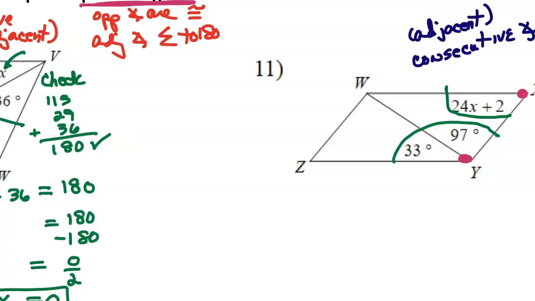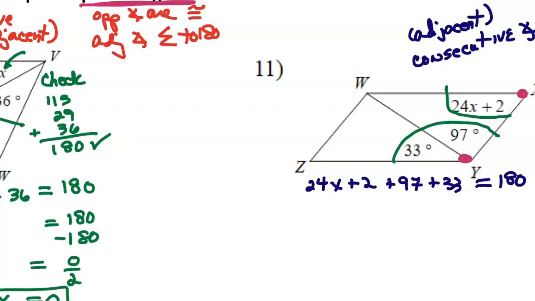We're going to add up all the angles. So I have 24x plus 2, that's the x angle, plus 97, that's one side of the y angle, plus 33, which is the other side of the y angle, and that's going to equal 180.